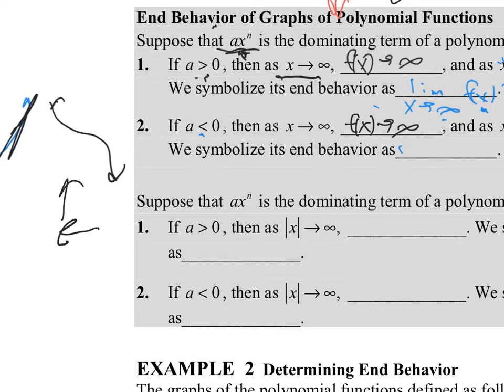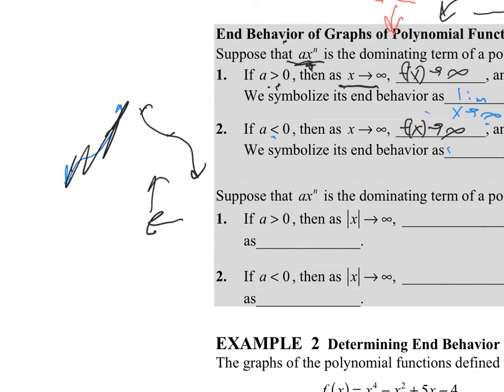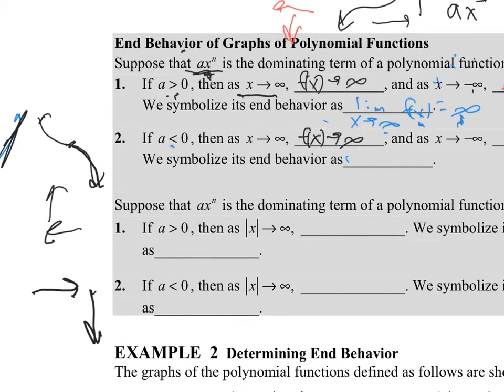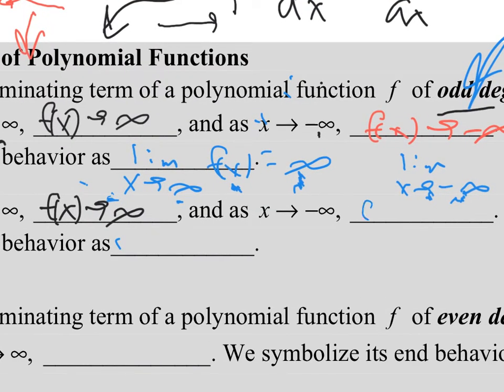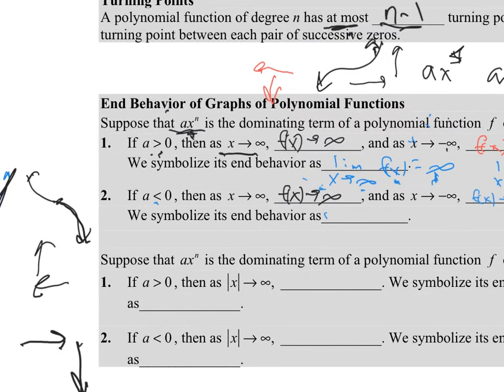As x goes to infinity, as I go to the right, I'm actually going down in the y's, so let me add in a negative there. All right, we're not finished with it.